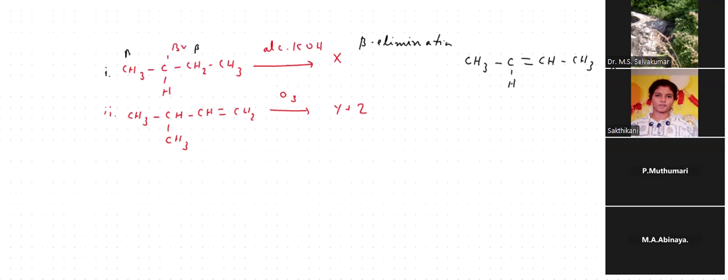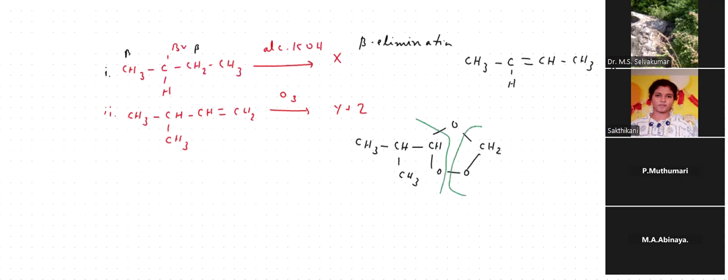In ozonolysis, you know how to write the ozonolysis: CH3, CH, CH3, CH, ozone is getting connected like this. So when the compound is getting broken, it breaks like this and this breaks like this.